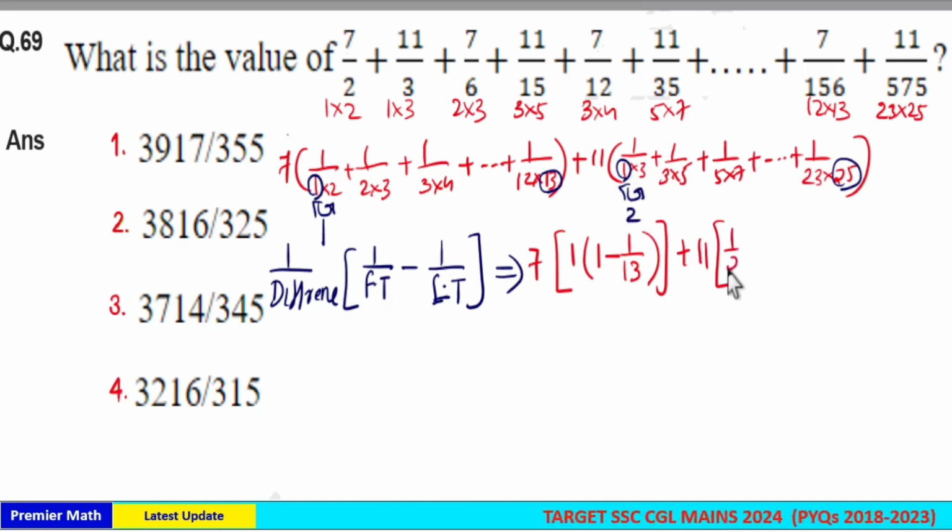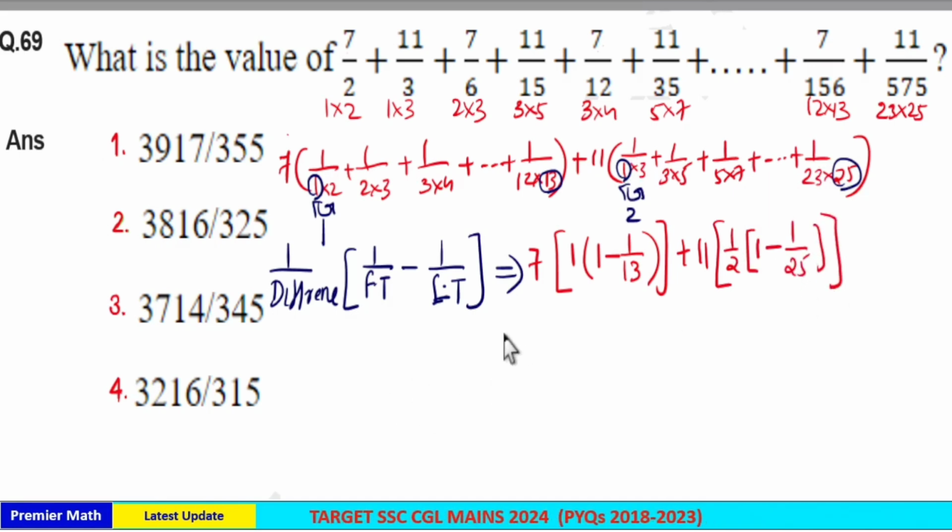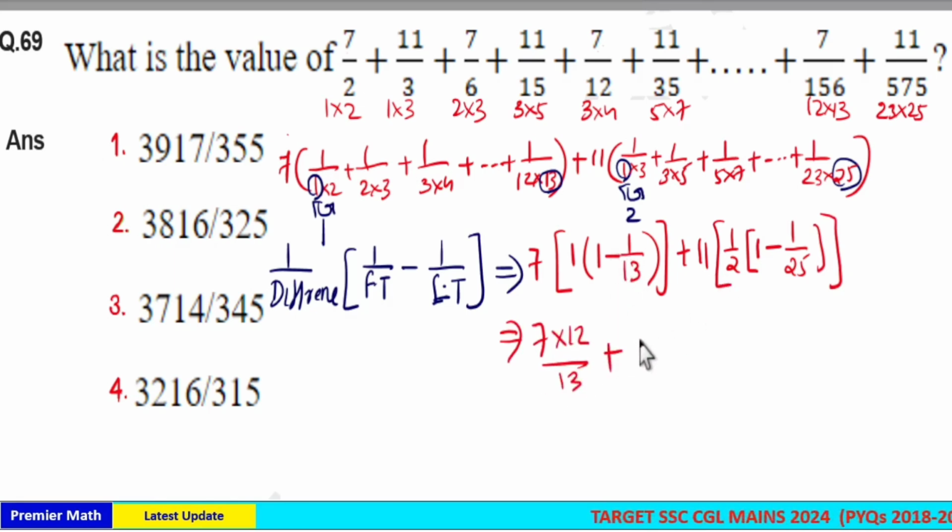So 1 by 2 into first term is 1. So 1 by 1 is 1 minus 1 by last term is 25. So 1 by 25. So this will become 7 into 1 minus 1 by 13 is 12 by 13. So 7 into 12 by 13 plus here 11 into 1 minus 1 by 25 is 24 by 25. 24 by 25 into 1 by 2 is 12 by 25.